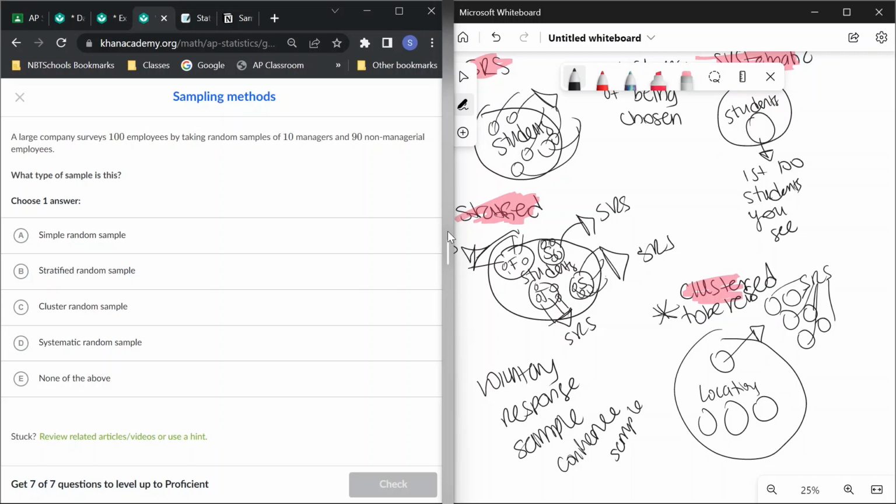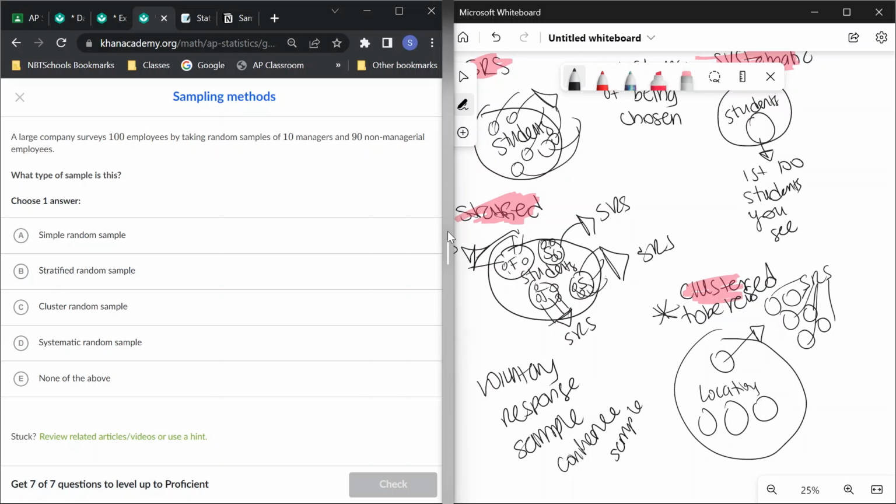A large company surveys 100 employees by taking random samples of 10 managers and 90 non-manager employees. What is this, literally? This is not a simple random sample because they don't have equal chances of being chosen. Cluster random sampling?